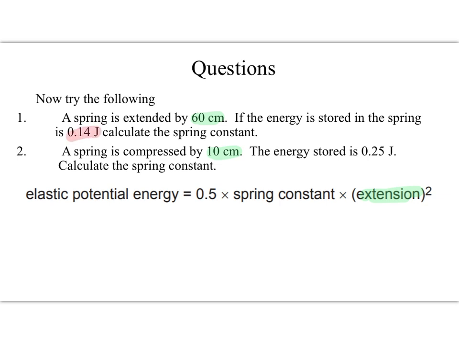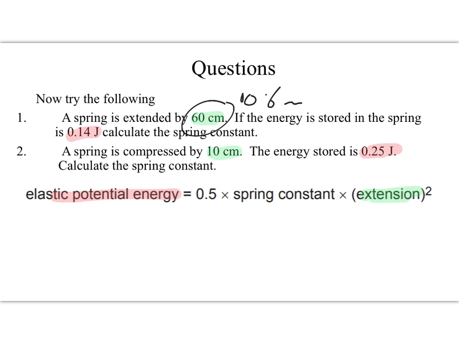I've also got that my energy, measured in joules, is the elastic potential energy. Now all I need to do is put that information into the question and make sure I put the numbers in the correct places. So for the first one, I'm going to change this one here, that's 60 centimetres, which should be 60 over 100 to get 0.6 metres.